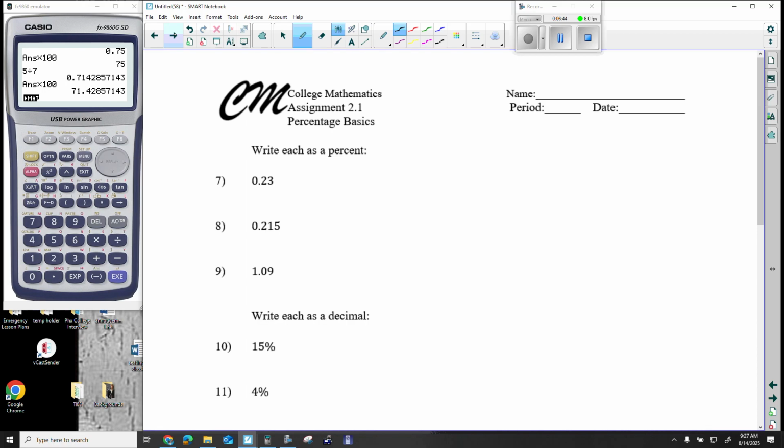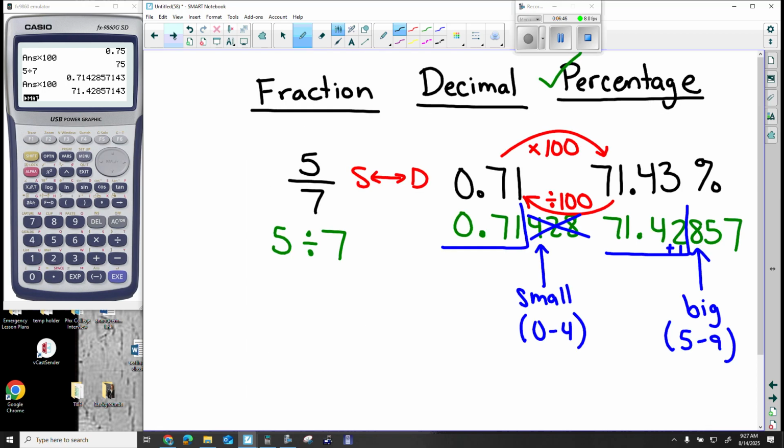All right. Now here they have us with some decimals, and they want the percent. So again, going from a decimal to a percentage, this is where you are multiplying by 100. You're turning this decimal into the percentage, so you are multiplying by 100 to get from point A to point B in these problems.